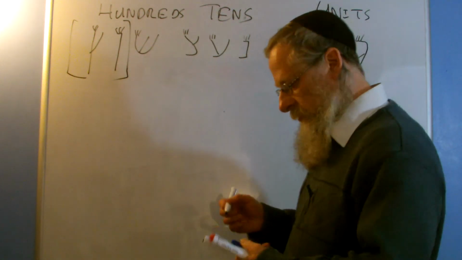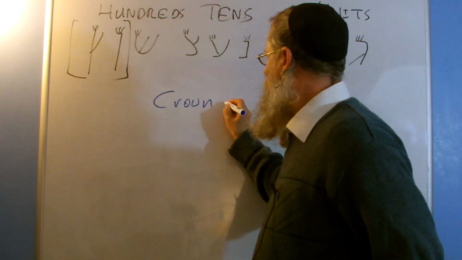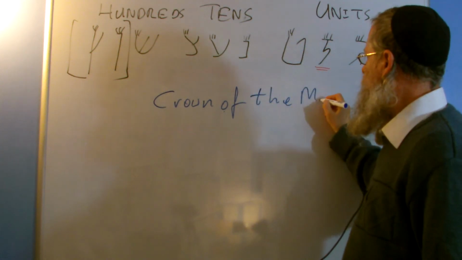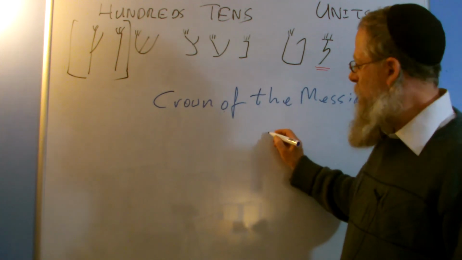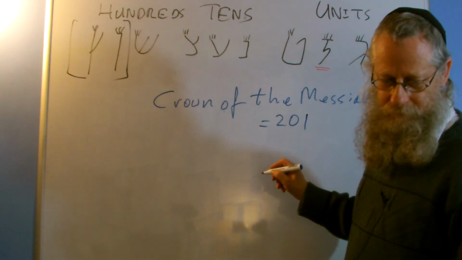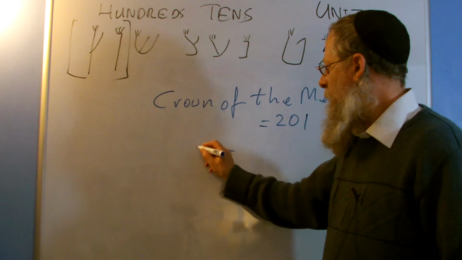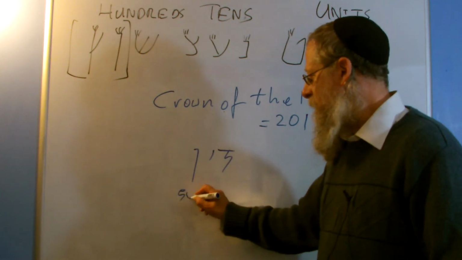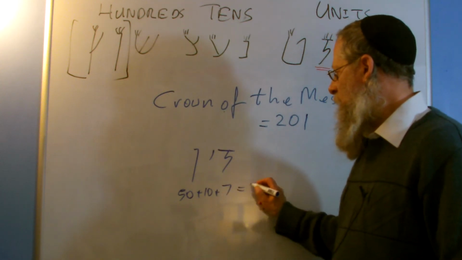So let's look at the word crown of the Messiah. Crown of the Messiah is 201. If you take Zayin, and now we're going to use the normal value, where Nun is 50, Yud is 10, and Zayin is 7, I get 67.